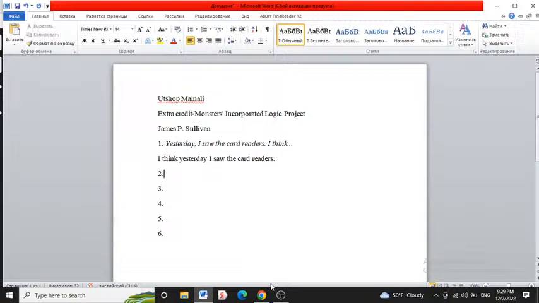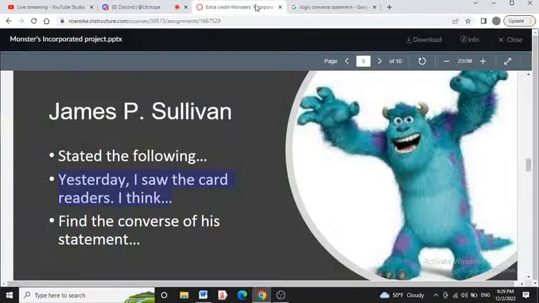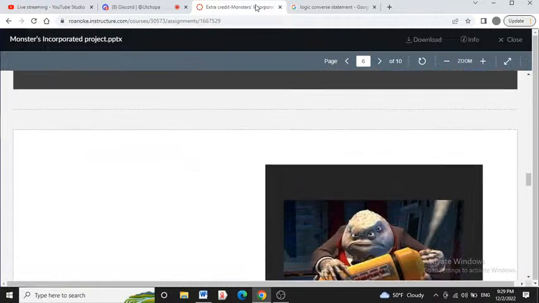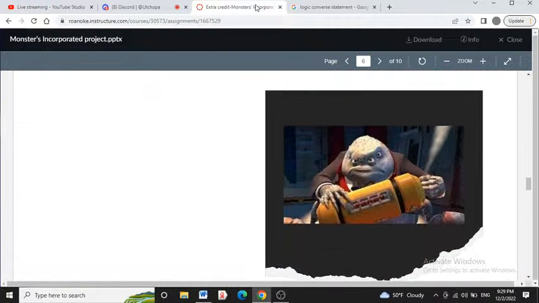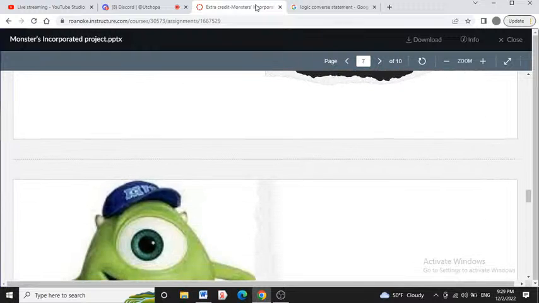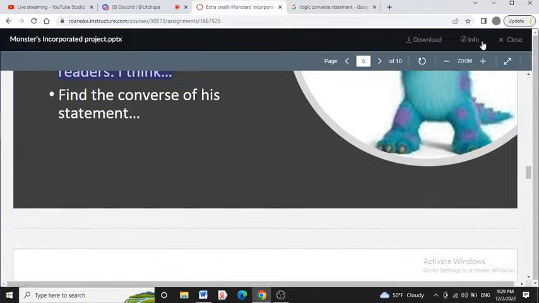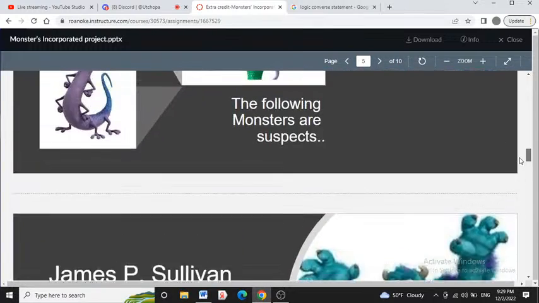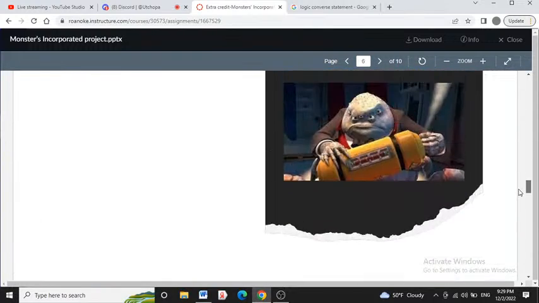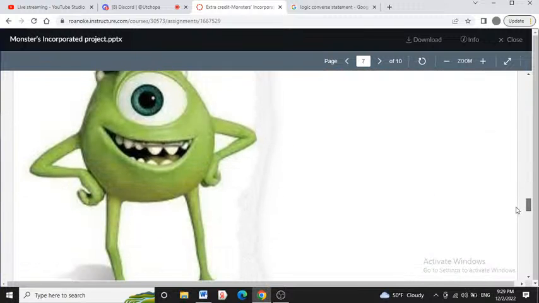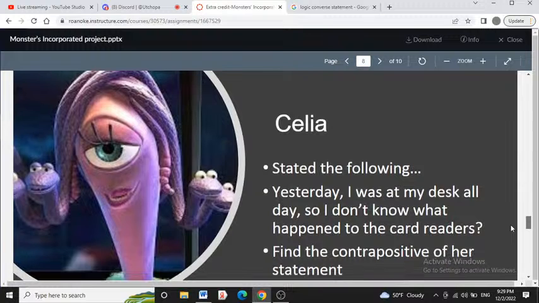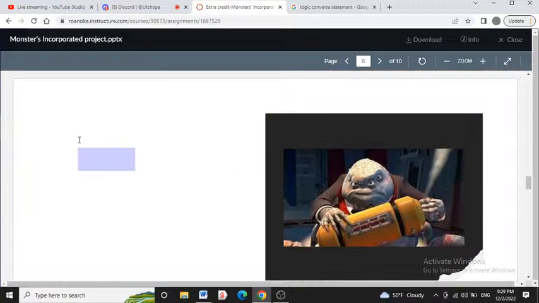And then the next, what is the next individual? Next individual in our example is going to be the crab spider monster man. I got a photo of the crab monster guy who's the boss, and then Mike Wazowski, but no text as far as I can see.